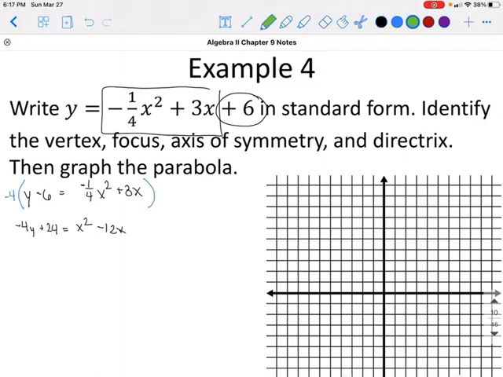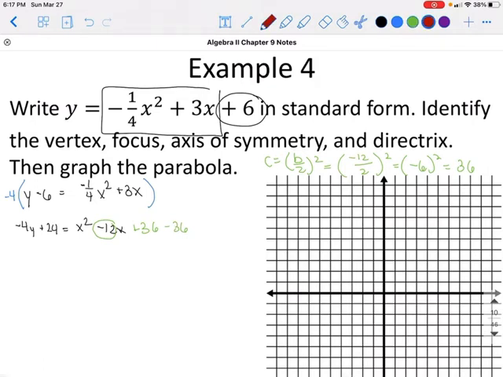Now to complete the square, we need to find the value of c. And remember, c is equal to b over 2 squared. Your b value is whatever's in front of the x. So in this case, it's going to be negative 12 over 2 squared. Negative 12 divided by 2 is negative 6, and negative 6 squared gives me 36. So we are going to add and subtract 36.